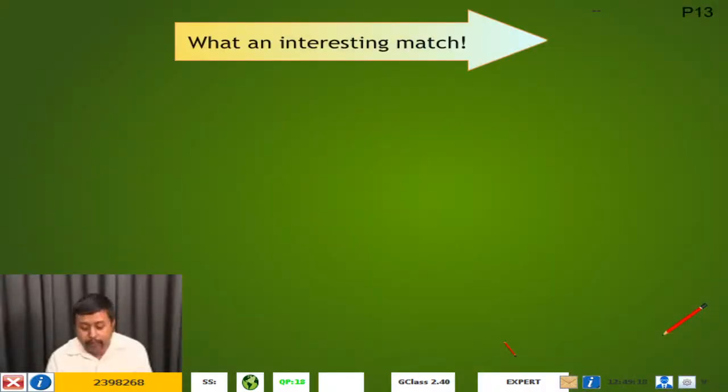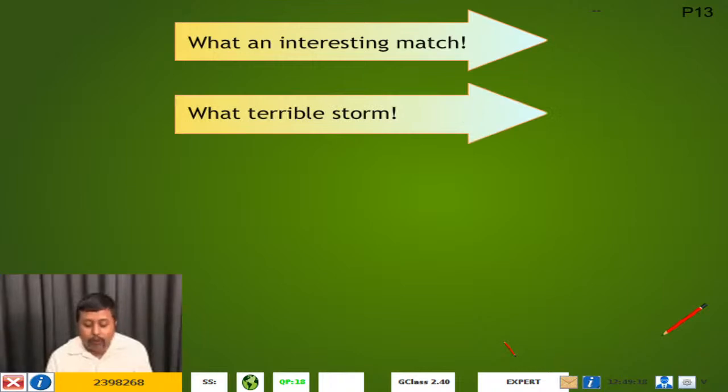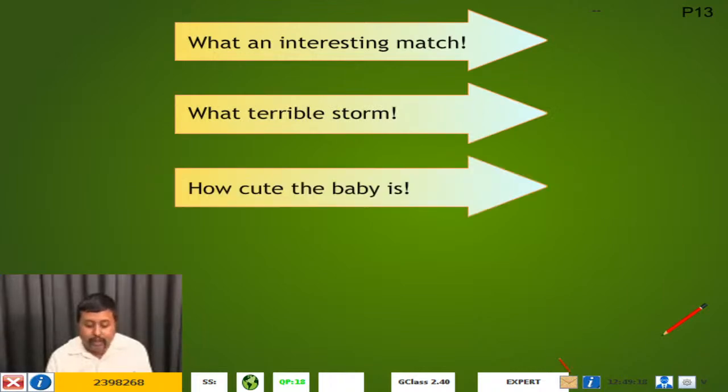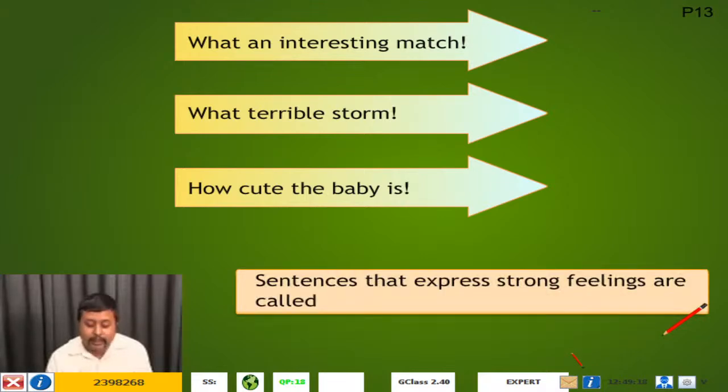So what an interesting match. What a terrible storm. How cute the baby is. What is common here? In all these sentences, the common thing is the exclamation mark, isn't that? So sentences that express strong feelings are called, sentences that express a strong emotion, we call them what?